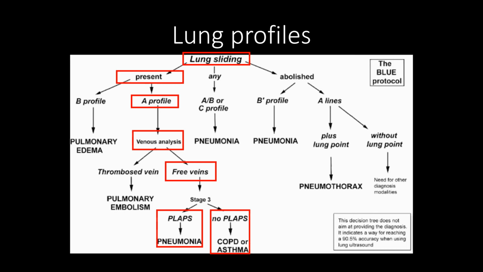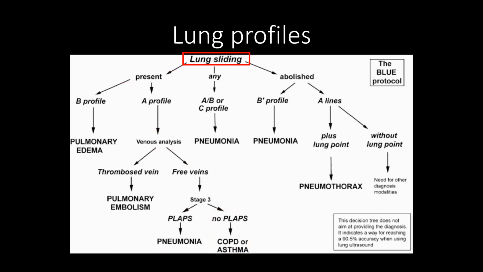If there is consolidation in the PLAPS region, we think pneumonia. If there's none, we think more towards COPD or asthma. In comparison to presence of lung sliding, if there is no lung sliding, we look for the presence of A lines, and if there are, we need to try and identify if there is lung point present, and if there is, we would diagnose pneumothorax.